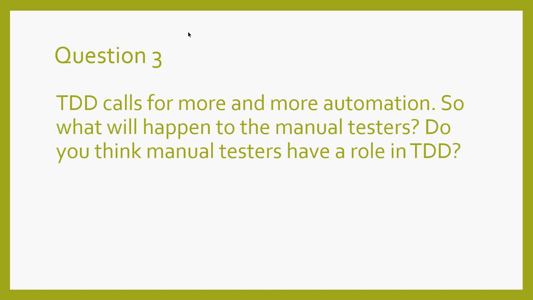So TDD is a great opportunity for manual testers to become automation engineers, because that is the way the whole world is moving. In a way, I would say TDD is a boon for all engineers, be they developers or testers, to transform themselves to the next level of software development and delivery.